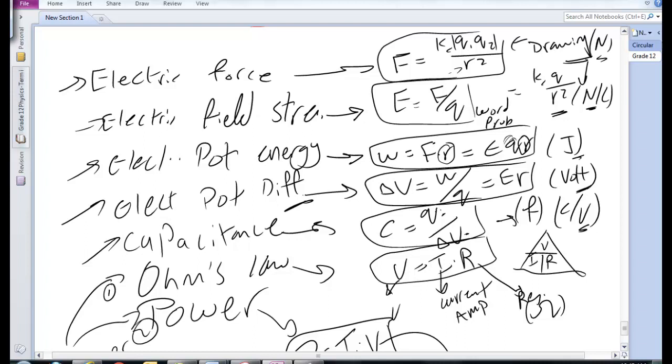Electric potential difference. This is something that you need to do because you need to change to a different position. So it is the work done to change the position. That's why R here is important. Capacitance. The capacitance is the ratio between the Q over delta V, or the charge to the electric potential difference. And it is the ability of a capacitor to store charge.